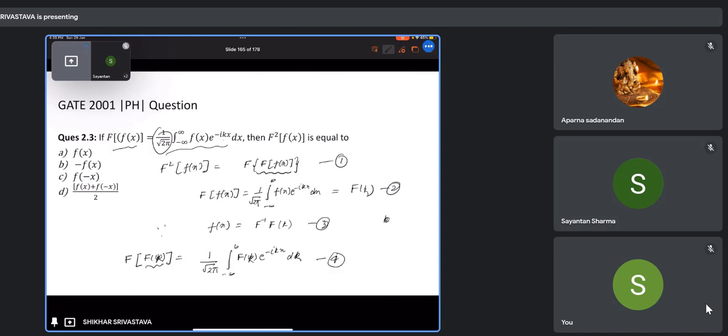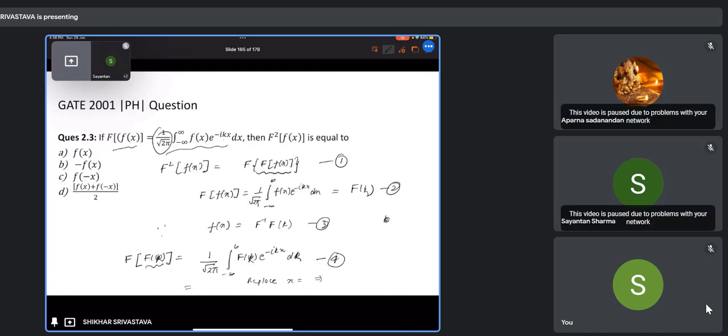Suppose this is equation 4. Now if you replace x with minus x in this equation 4, I'll do another page.